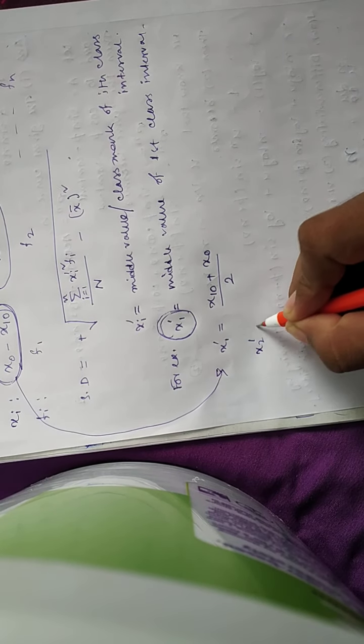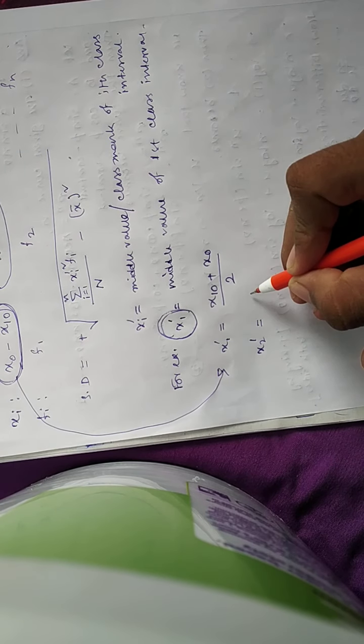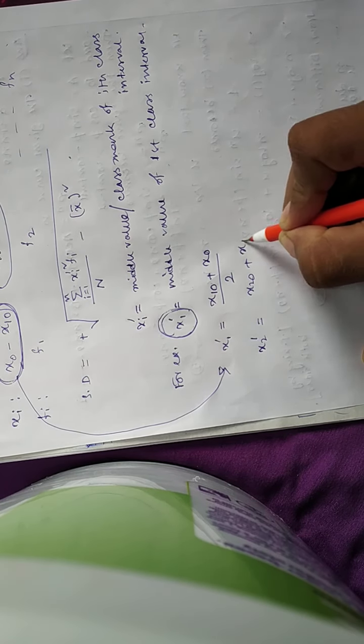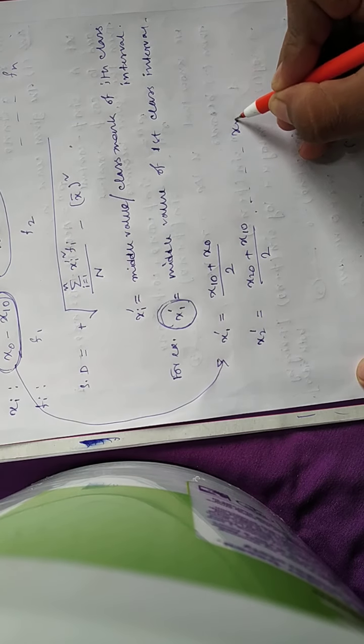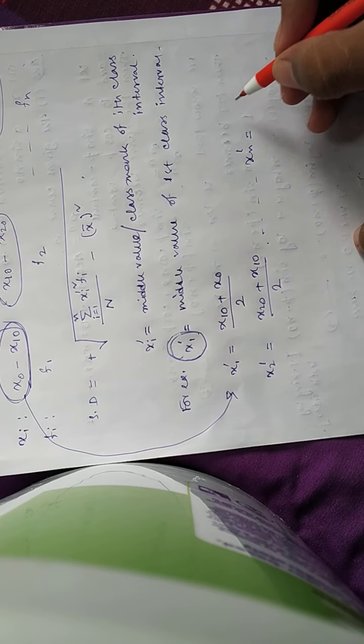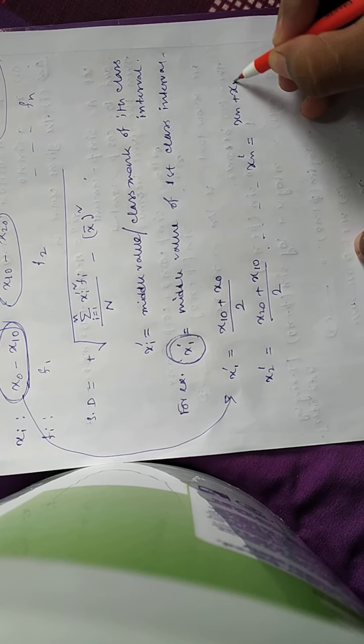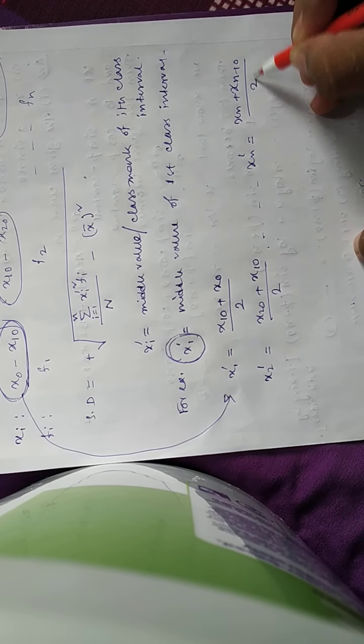Similarly, x2 dash is equal to the upper limit of the second class, that is x20, plus the lower limit of the second class, that is x10, by 2, and so on. Xn dash, the middle value of the nth class interval, is equal to the upper limit xn plus the lower limit xn minus 10, by 2.